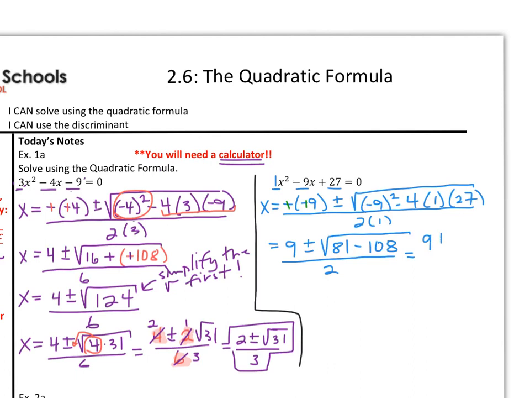We have 9 plus or minus. And now look what happens. 81 minus 108 is negative 27, all over 2. With that negative on the inside, that's going to indicate a complex solution.